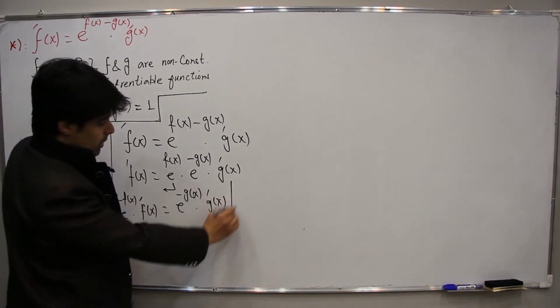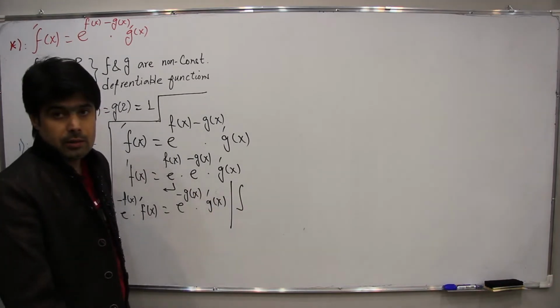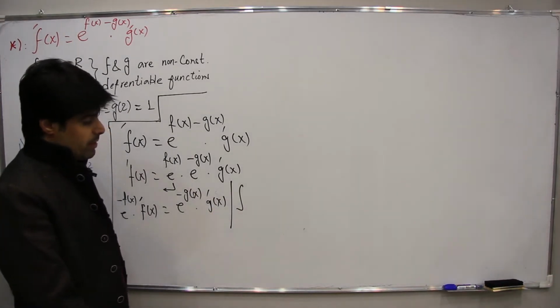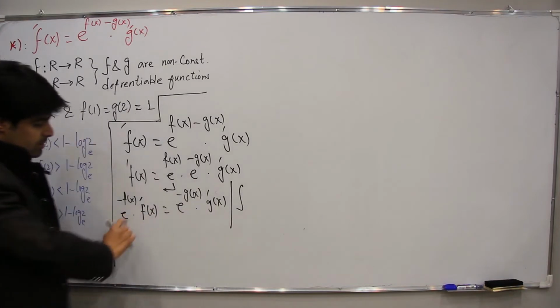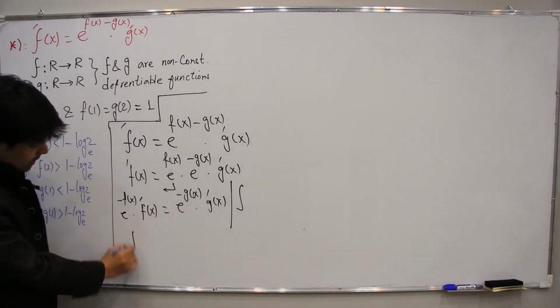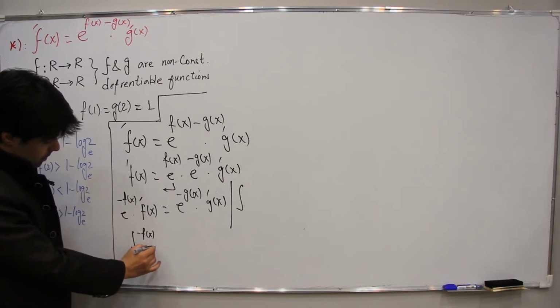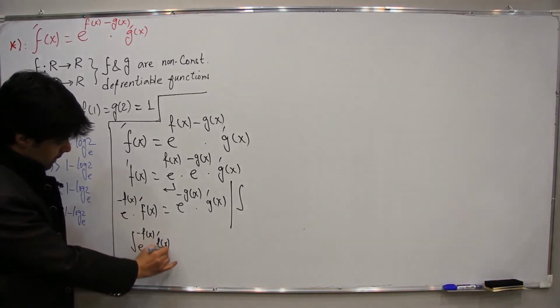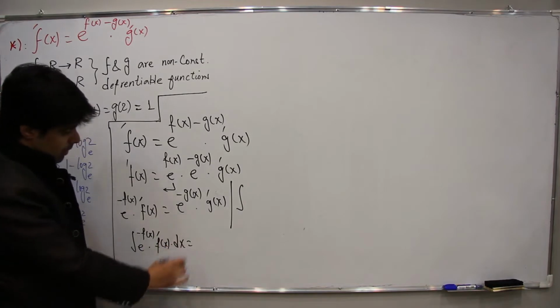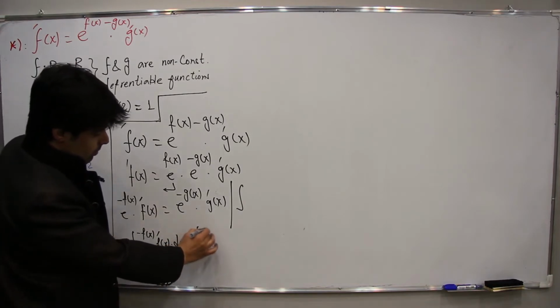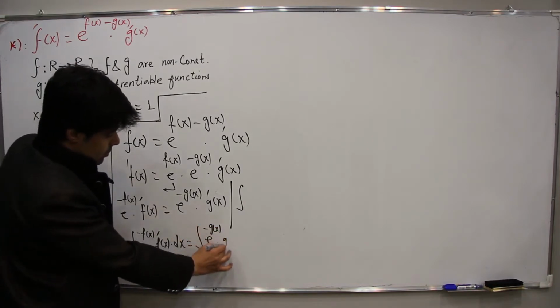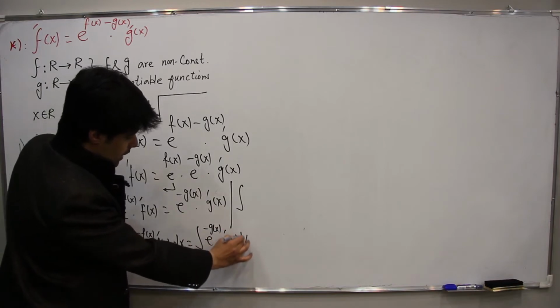We have to take integration on both sides, with respect to which variable? With x. It means dx. So I can write the integral of e^(-f(x)) f'(x) dx equals the integral of e^(-g(x)) g'(x) dx.